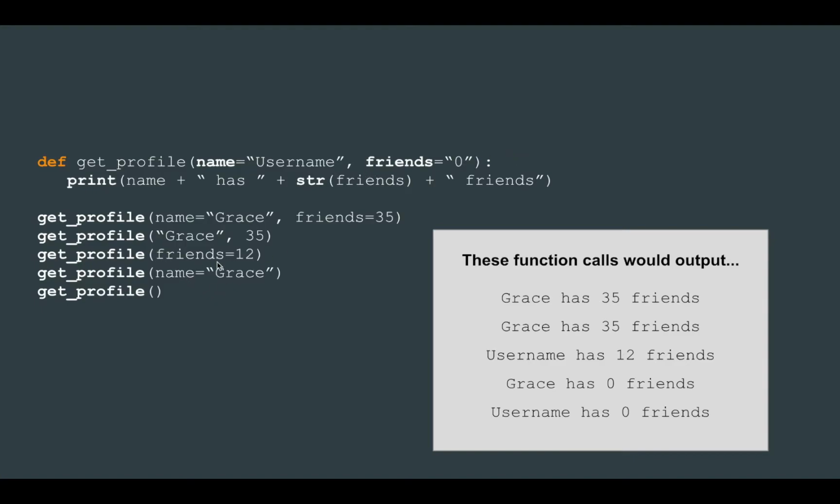If we just pass in the number of friends they have, the name is going to default. So when this line gets executed, it's going to say username has 12 friends. If we just pass in the name, it's going to default the friends value to 0. So Grace has 0 friends. And if we just call getProfile with no argument specified, it's going to say username has 0 friends.